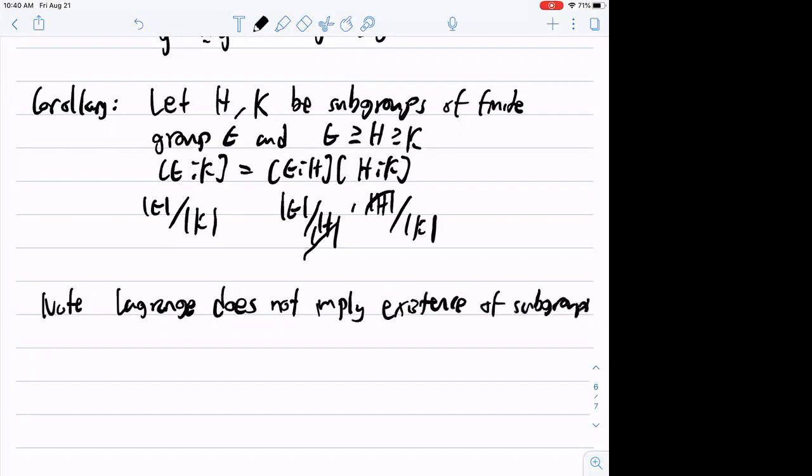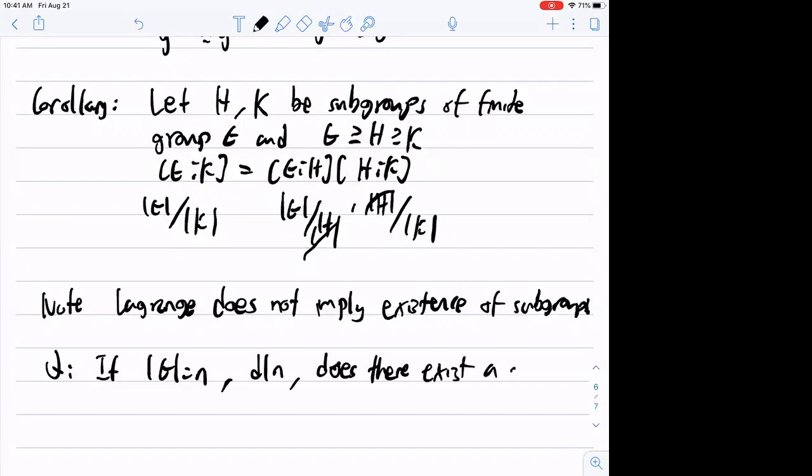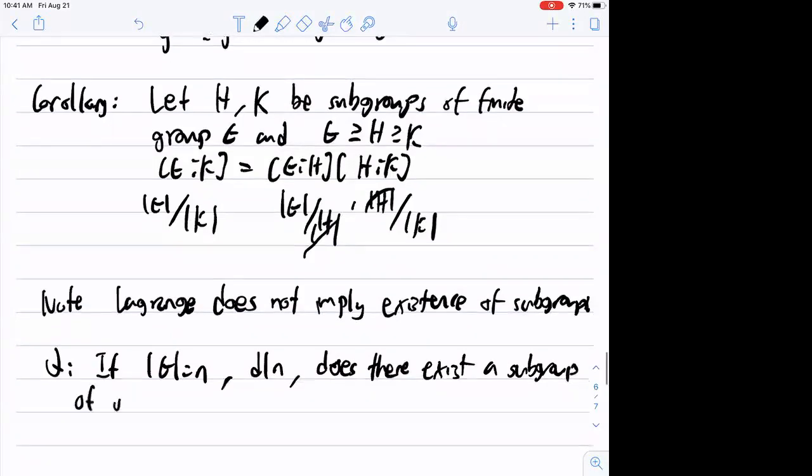So the question you might ask is, if the order of G is n and D divides n, if I pick any divisor, does there exist a subgroup of order D?